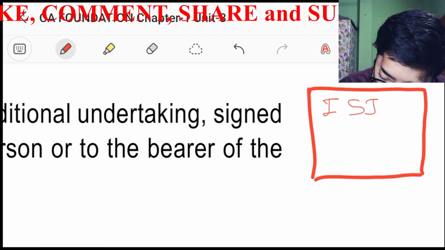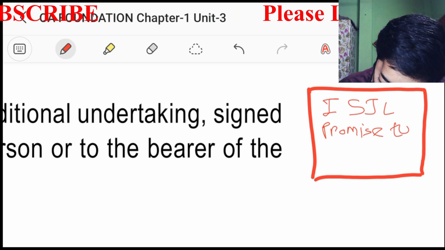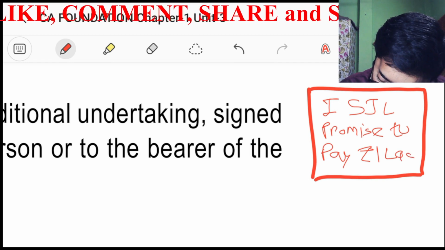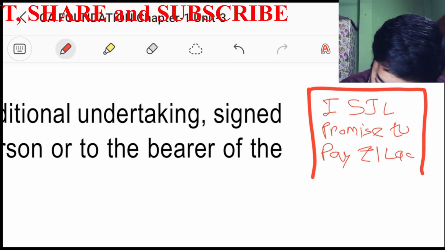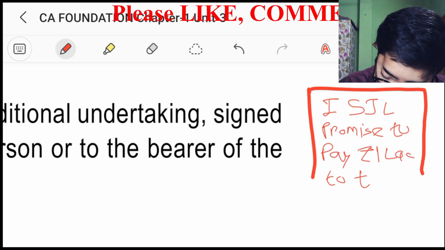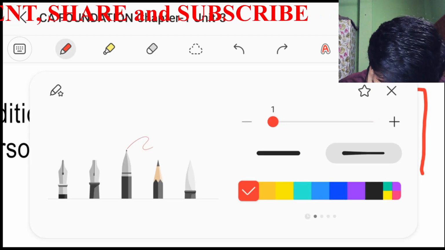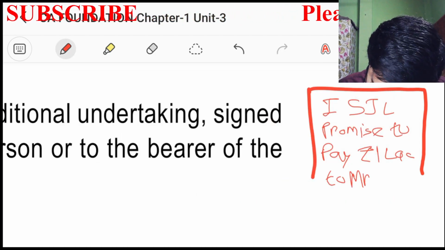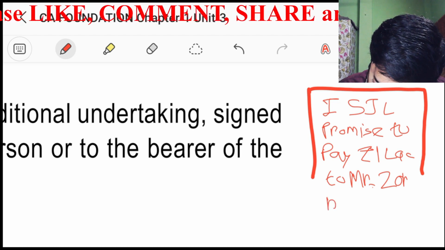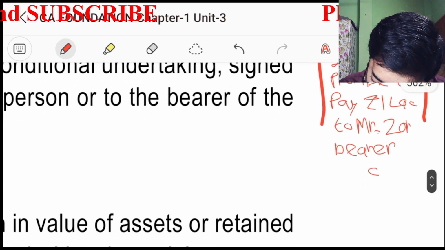I, SJL, promise to pay rupees 1 lakh to Mr. Z or bearer, and after that I need to sign over here.